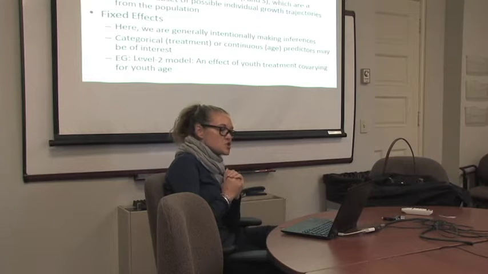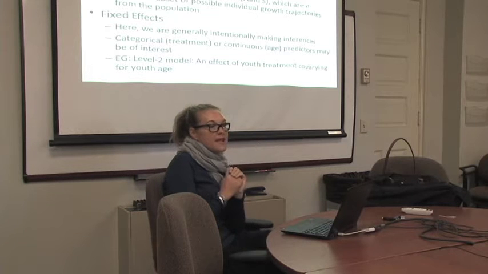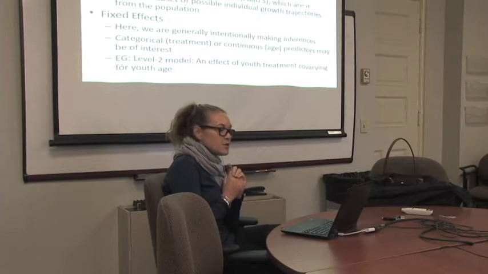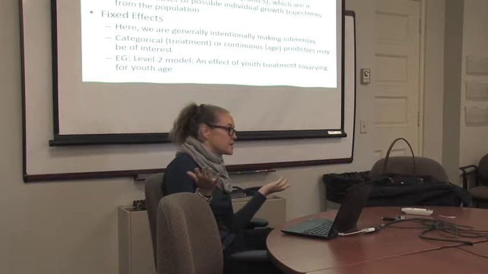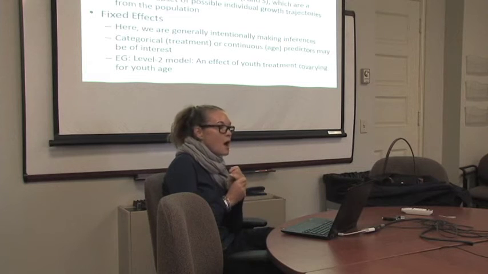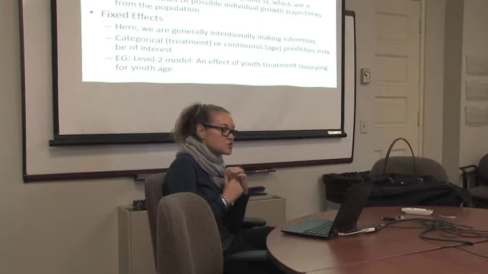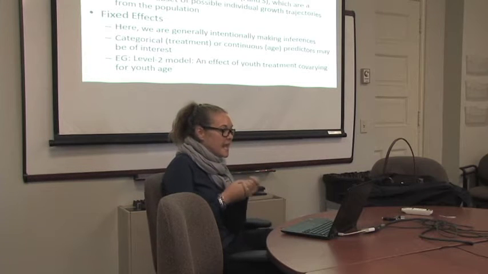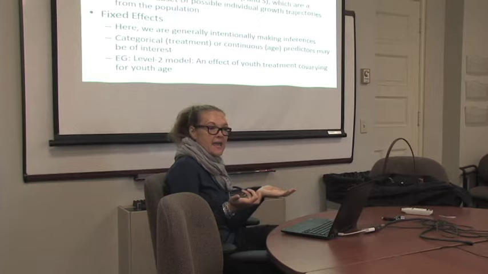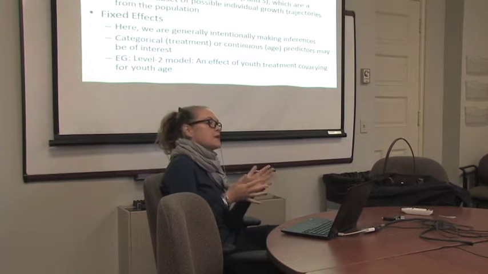Versus fixed effects, we're generally intentionally making inferences here. We can have categorical or continuous. So an example of categorical would be, say, treatment condition. We have the example of sex in the youth longitudinal study. It could be age, but when I say age here, it's age as a static covariate.